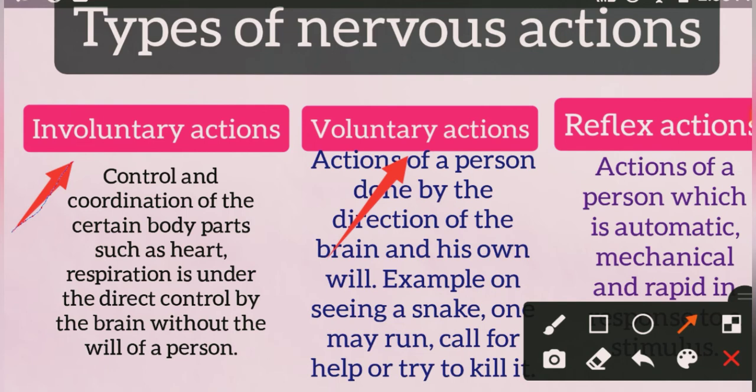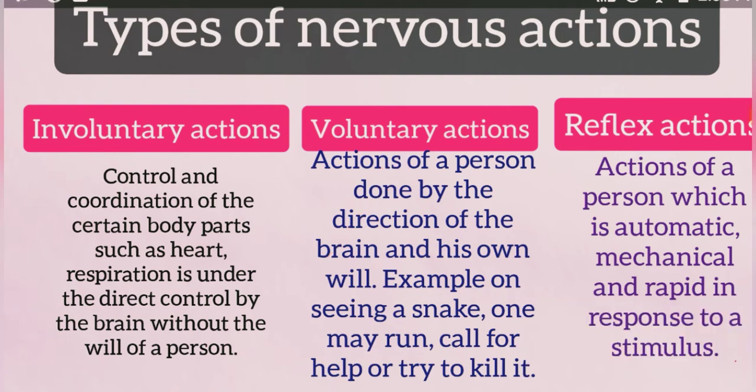And there is another kind of action, which is called reflex action. For example, to understand this, suppose you touched a hot object, let's say a pot which is in the fire.